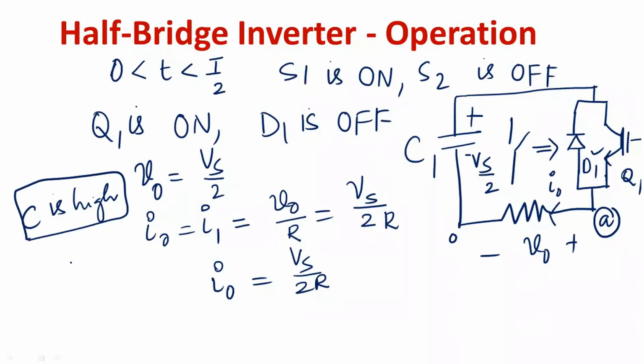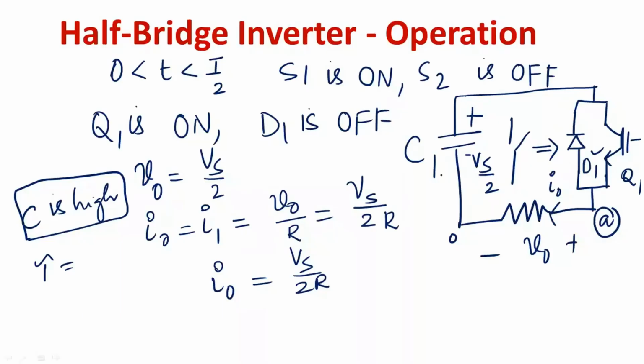We have studied the time constant: this behaves like a series RC circuit, so the time constant is R into C. If you choose C in such a way that this time constant is much higher than the time for which the switch is on, the capacitor will discharge very slowly.